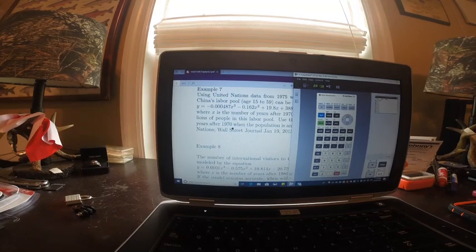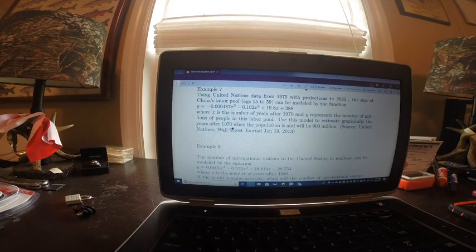So negative 0.0000487 x raised to the third, okay, minus 0.162 x squared plus 19.8 x plus 388. Is there anything else to it?